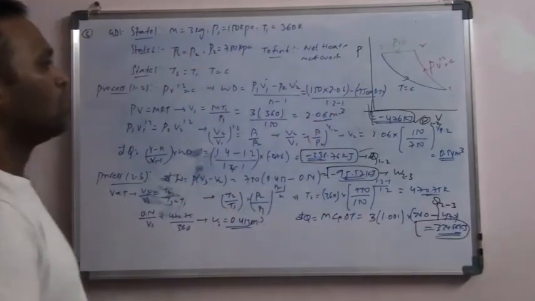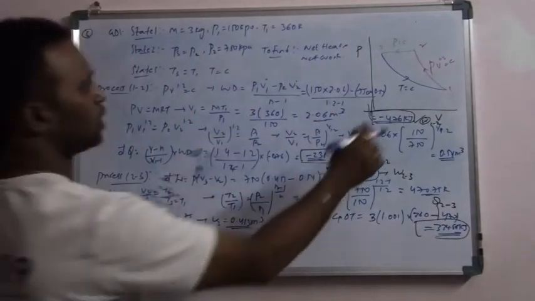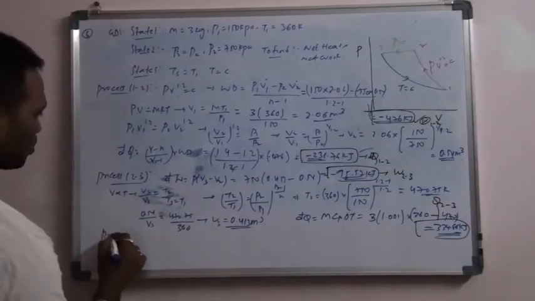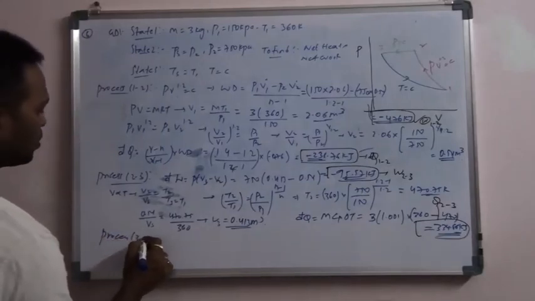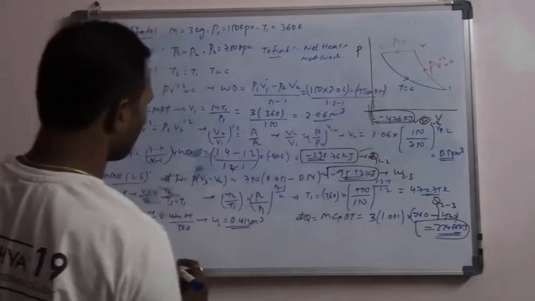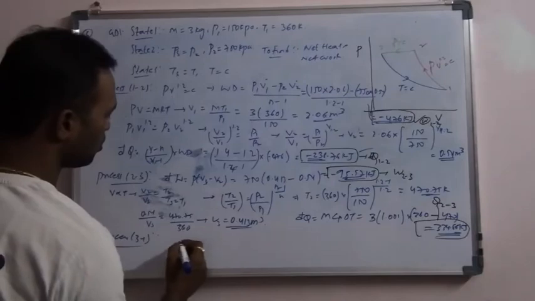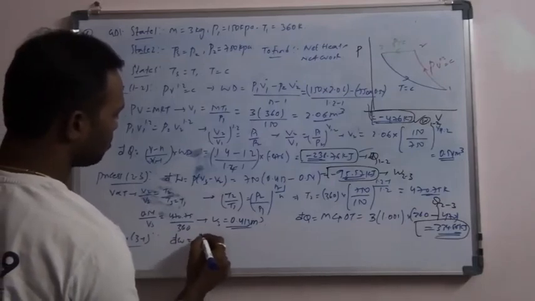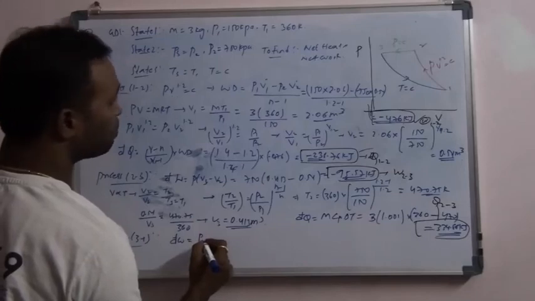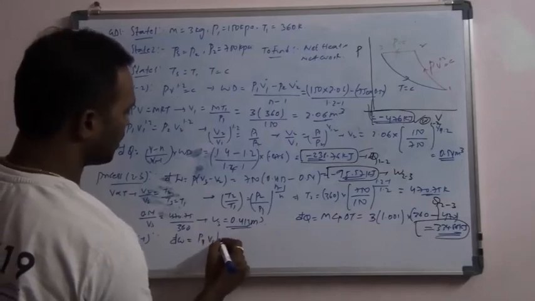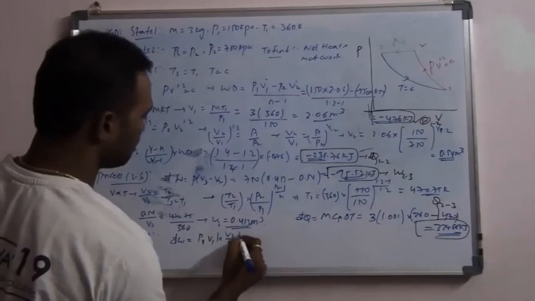Now for processes 1 to 2 and 2 to 3, both heat and work are known. Now let us move on to process 3 to 1. This is an isothermal process. In an isothermal process, d'W is equal to P1 V1 ln (V3 by V1).